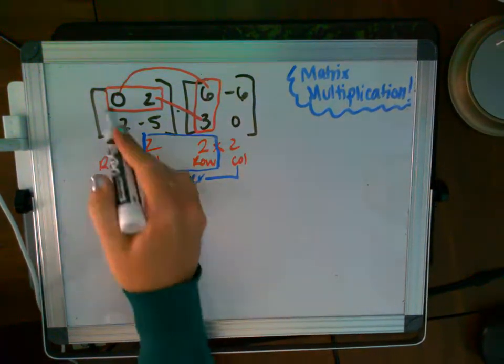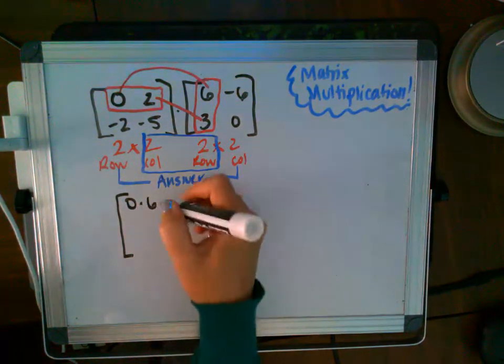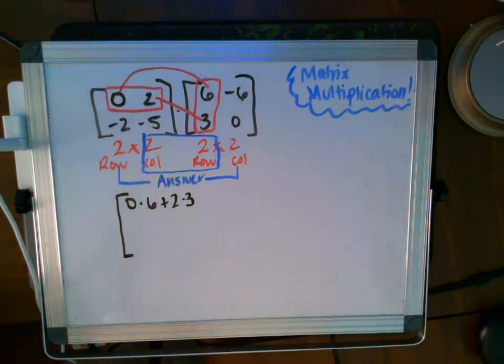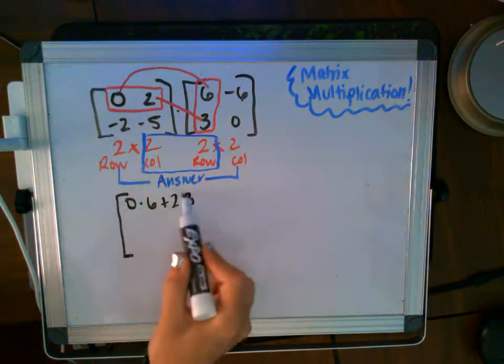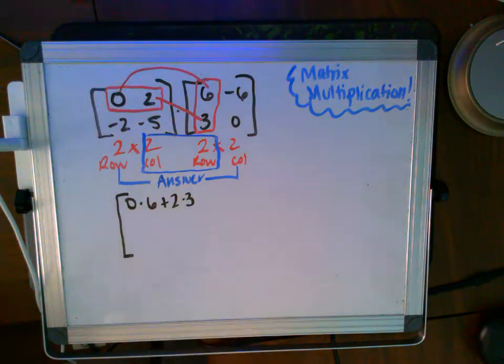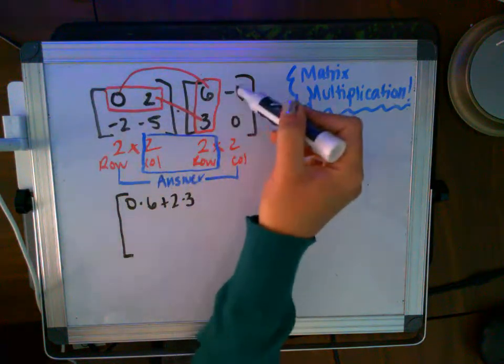So row 1, column 1, we're going to do 0 times 6. I know that's just 0, but I'm going to write it all down in its entirety. Plus 2 times 3. So all of that together is row 1, column 1. And then we're going to do it again for all the other ones. Now we're going to take row 1 and multiply it by column 2.